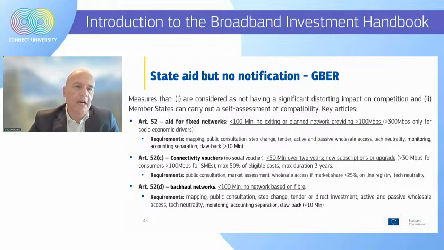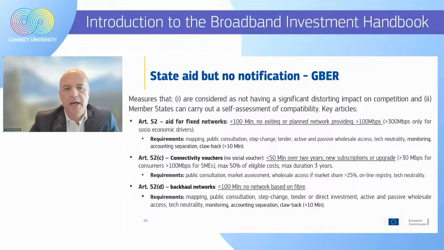But of course, there are situations in which state aid is clearly involved because it does not fall within the previous category, but still this project may fall within the General Block Exemption Regulation. These are the measures that fall within this.